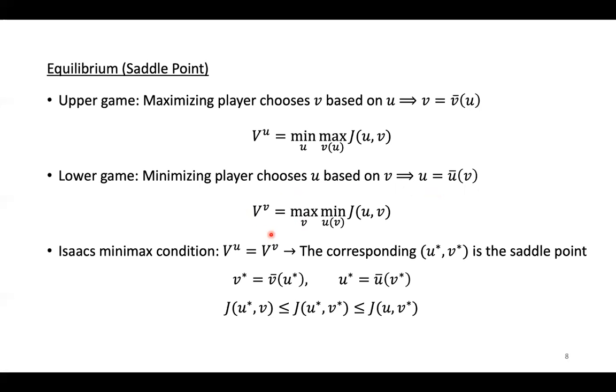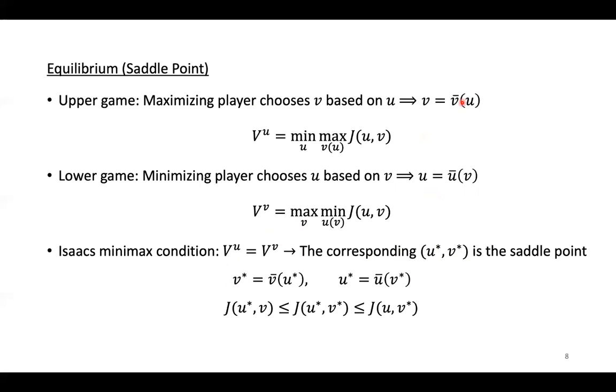And the Isaacs min-max condition is this: the upper value and the lower value should be equal for the existence of a saddle point or an equilibrium. And the corresponding u star, v star for which this happens is the saddle point itself. And in this case, you can see this u star, v star, the solution or the saddle point, as a fixed point.